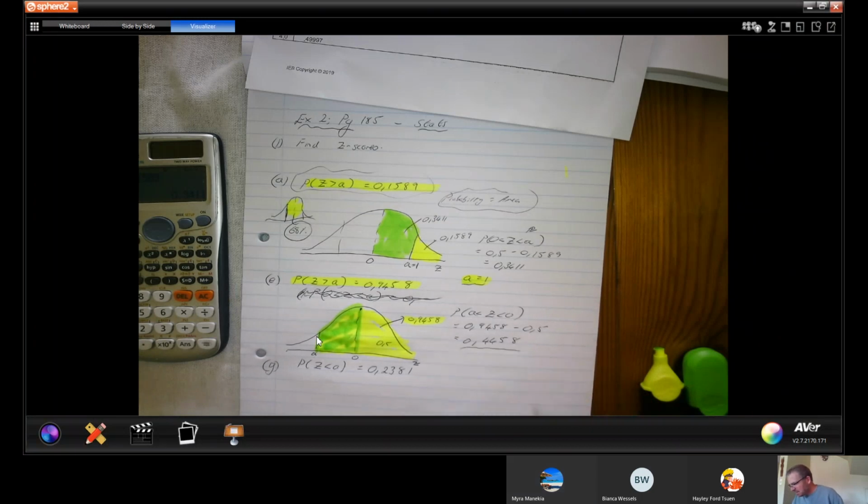It doesn't matter that it's to the left. Just don't forget that this A, when we write our final answer down, must be negative, because the table only looks up to the right. What we're actually going to find is this value over here.